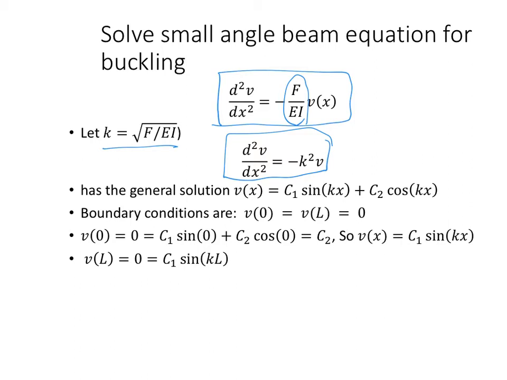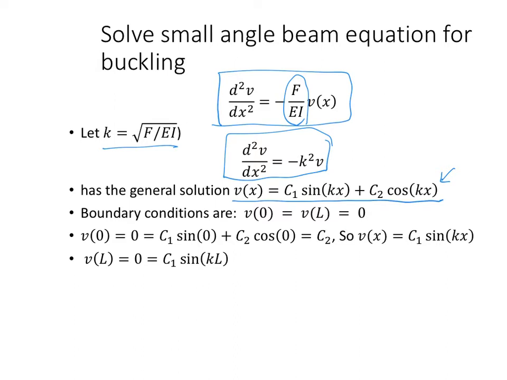You might be familiar with this solution from a differential equations course, or some quantum chemistry courses. This has the general solution that the deflection is the sum of a constant times a sine plus a constant times a cosine. And you can see this would be the solution. If you take the derivative of this expression twice, you'll go from the sine to the cosine to the negative sine, and from the cosine to the negative sine to the negative cosine.